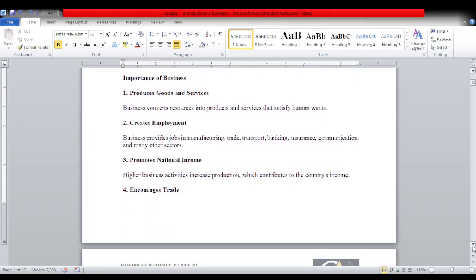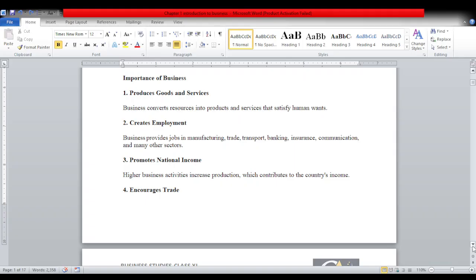First, business produces goods and services. Business converts resources into products and services that satisfy human wants. Whether the business produces capital goods or consumer goods and services, both types of goods are required by the society.